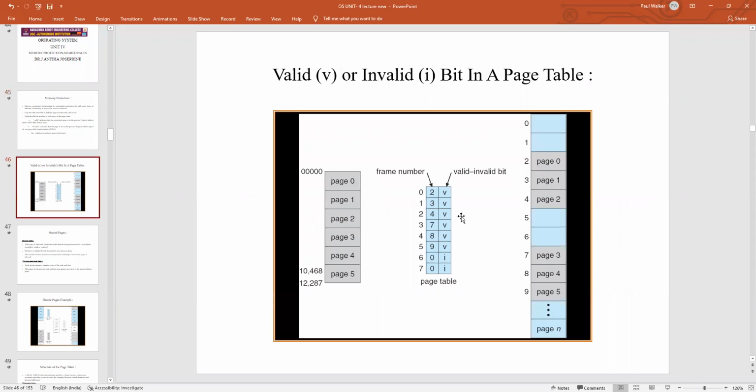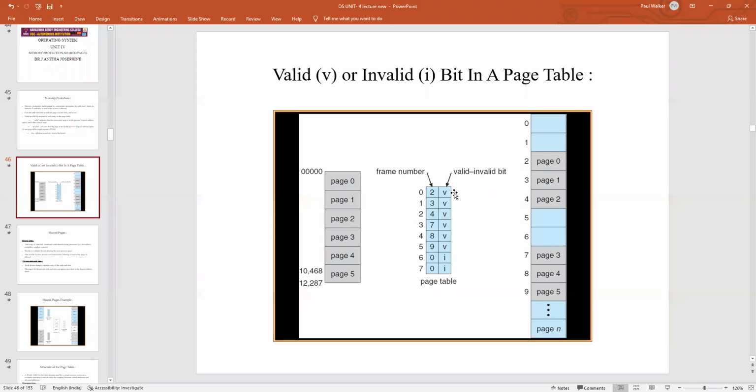So this is a diagram explaining the valid and invalid bit in the page table. For example, here there are 6 different pages stored in different memory locations. Here the frame number of each page is listed, and this bit indicates whether the page related to the frame number is valid or invalid.